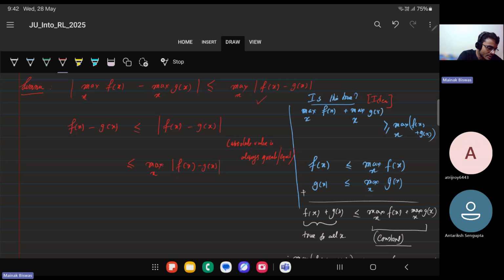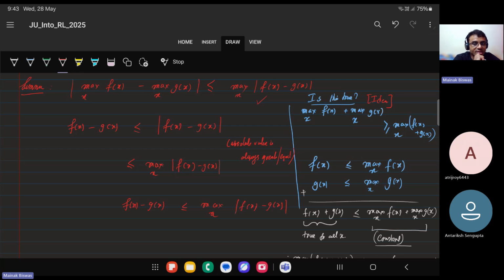So I have got the thing on the right hand side. Now how to bring the thing on the left hand side? Can you tell me? So I've got this f(x) minus g(x) less than max over x of f(x) minus g(x). What do I do to bring the thing on the left hand side?